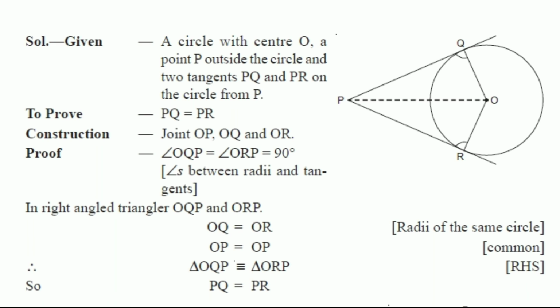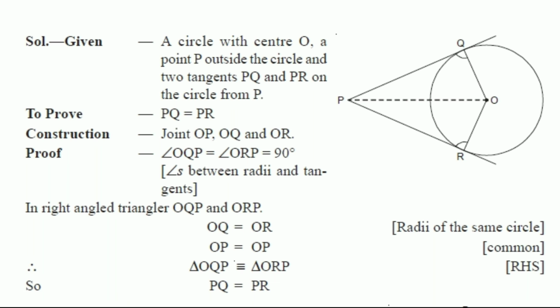So by the RHS axiom of congruency, the two triangles are congruent, and after congruency, by CPCT, the corresponding parts of congruent triangles are equal. The two triangles have all sides and all angles equal, and here we need side PQ equal to side PR. This is the required proof of our given theorem.